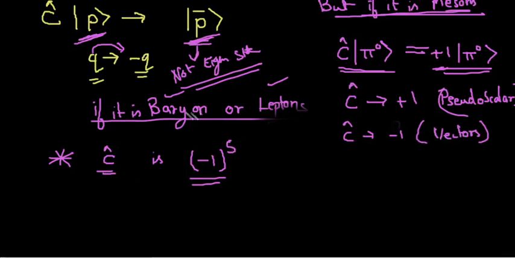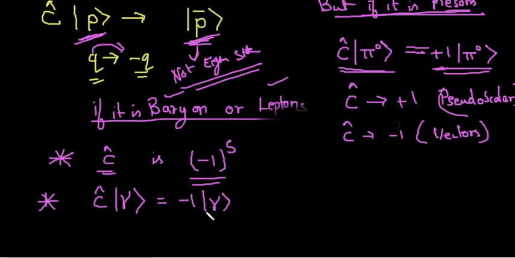Now as we have already talked about, if there are no baryons and leptons involved, then there will be an eigenstate for C, as we have seen for the mesons, and it will be so for the gamma particle as well. If it is operating on a gamma, then the charge conjugation for this gamma will be negative 1.